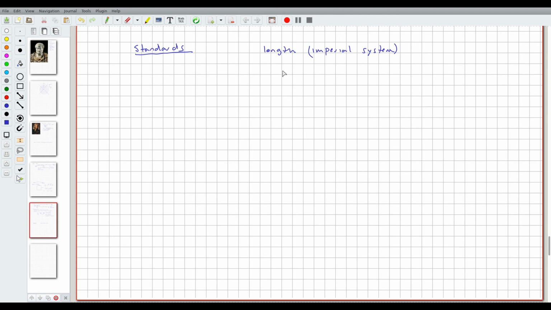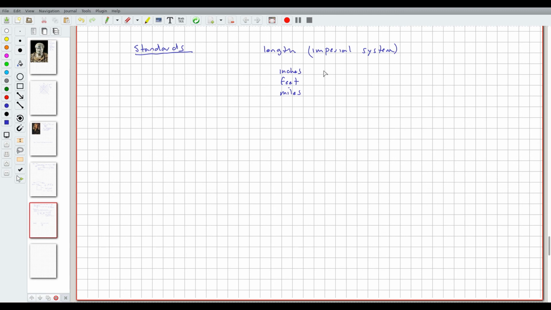The most common things that we measure when we talk about length, or at least that we express in terms of units, would be inches, feet, miles, stuff like that. Now, an inch literally is defined as, if you look at your pointer finger, the distance from the tip of your pointer finger to the first knuckle.